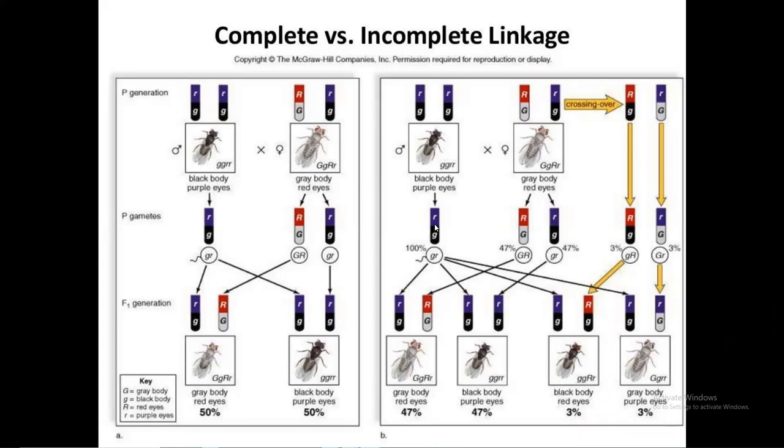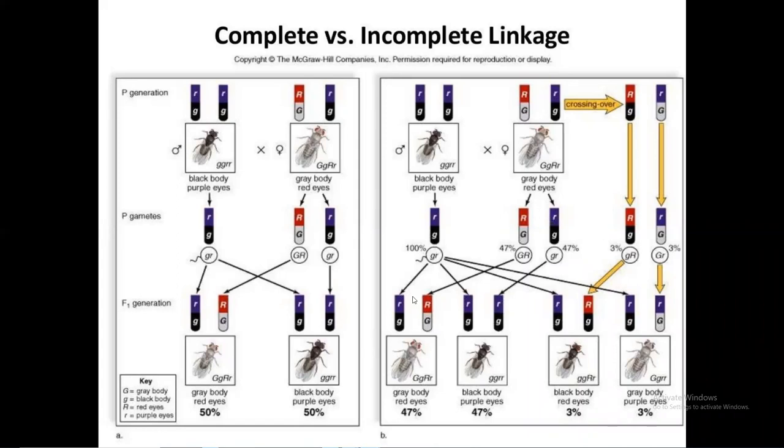So what are the different combinations? This is the male parent, this is the female parent, and these are the recombinant gametes of the female parent. What are the different possibilities? This gamete can have a partner of this one or this one.